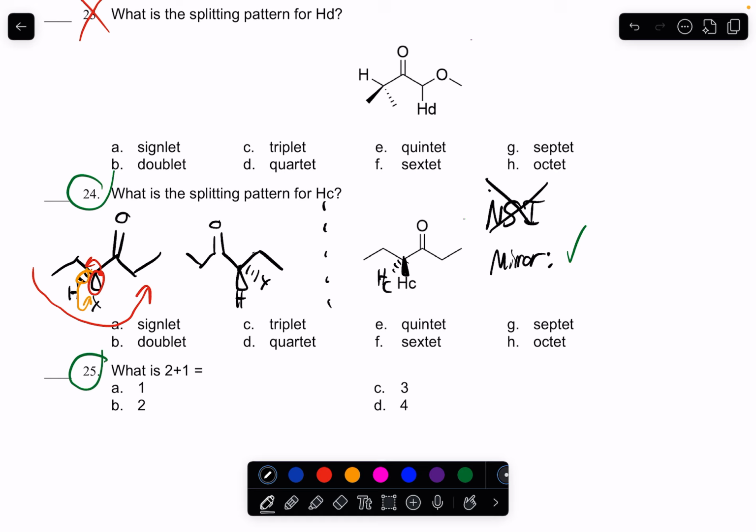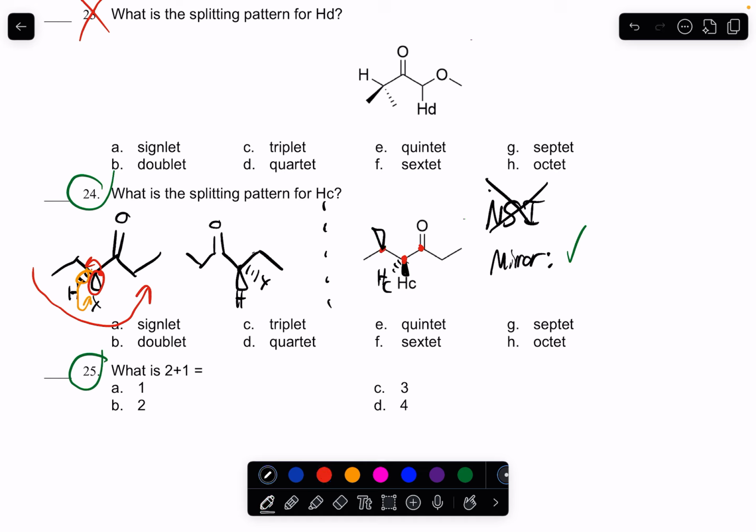Okay, what is the splitting pattern for HC? We'll look at the carbon connected to the carbonyl. And there are no hydrogens on this carbonyl. So we check to the left of us.